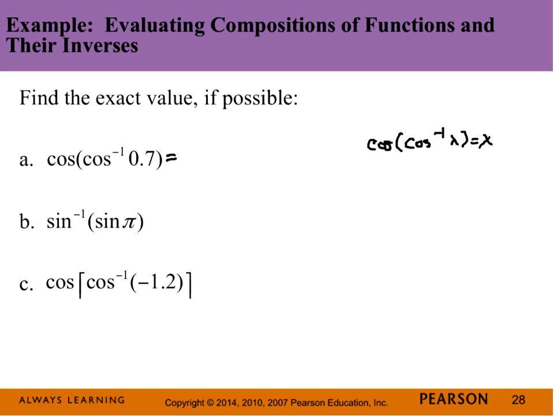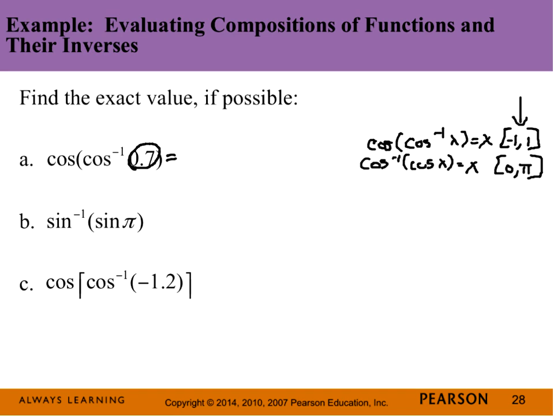Okay, so to figure this first one out, I'll just give you the information from the last page. We have that the cosine of cosine inverse of x equals x, and that is on the restricted domain of -1 to 1, and cosine inverse of cosine of x is equal to x on the restricted domain of 0 to pi.